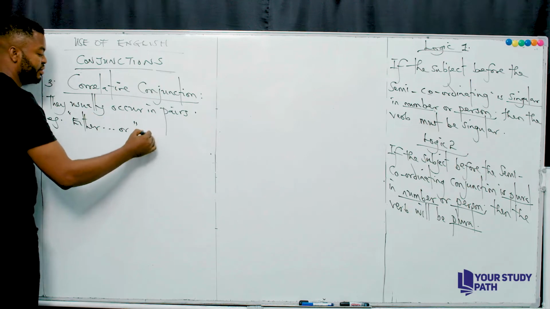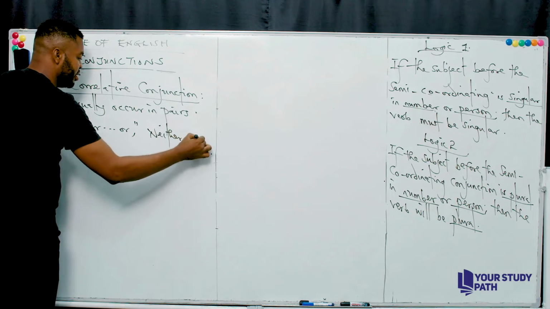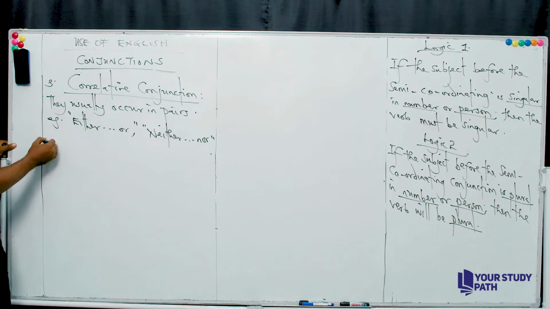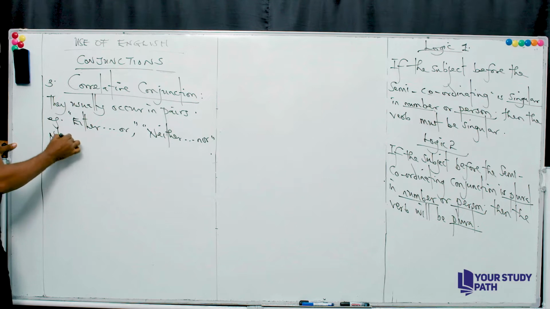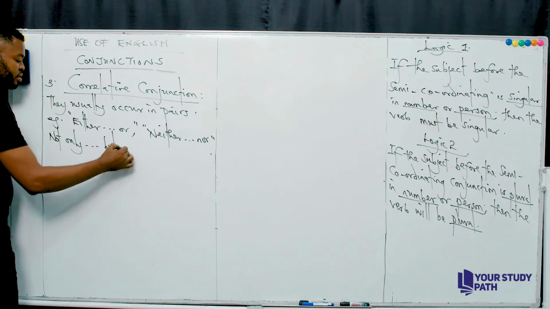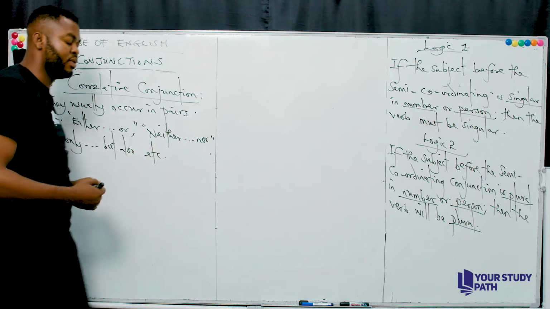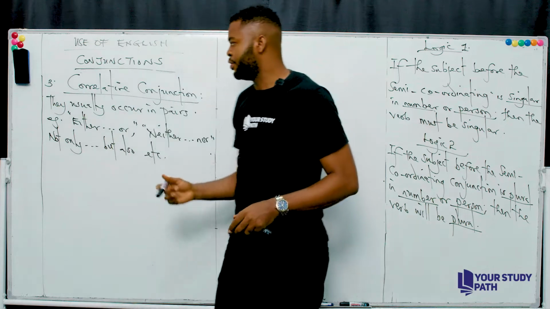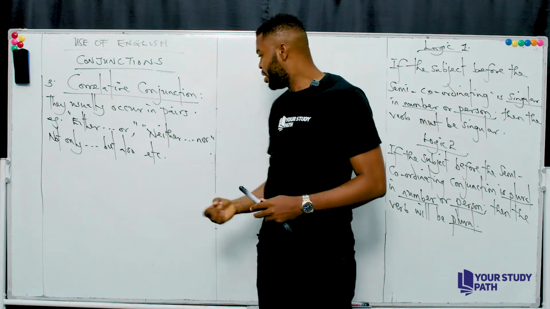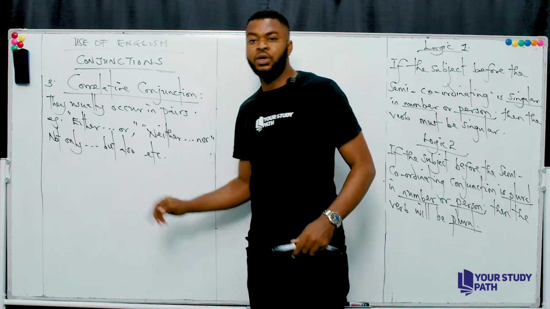You can as well have neither nor. You can also have not only, but also, and many more. So please take a look at this type of correlative conjunction. They usually come in pairs: either or, neither nor, not only but also.